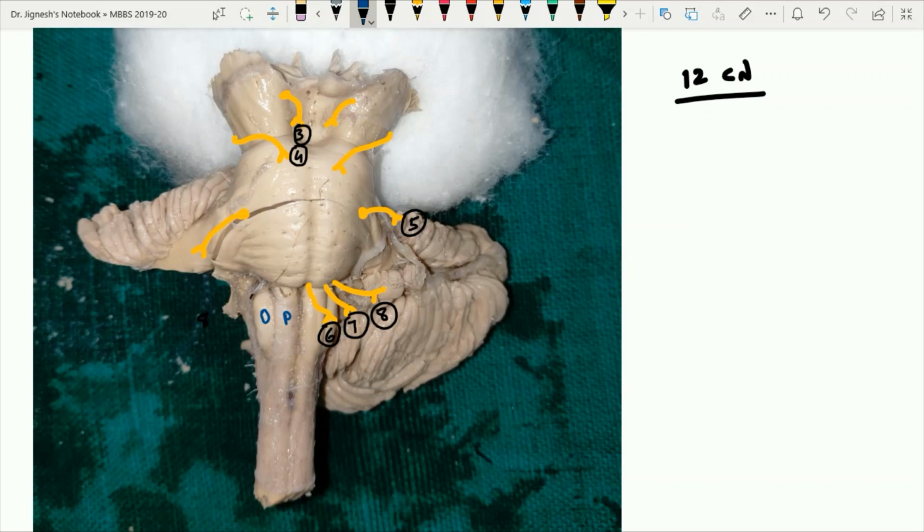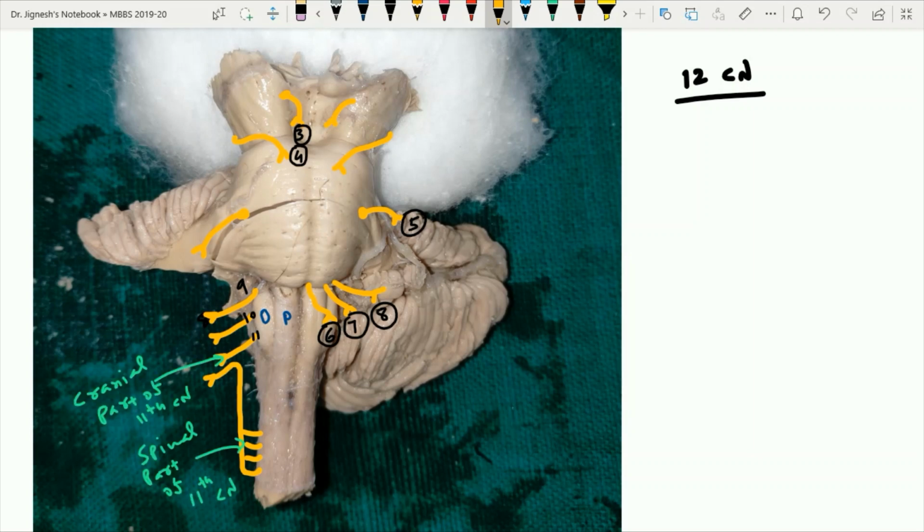So from the post-olivary sulcus, the ninth, 10th, and cranial part of the 11th cranial nerves come out, while the spinal part of the accessory nerve arises from the spinal cord and enters the skull through the foramen magnum to join the cranial part of the accessory nerve to form the accessory nerve proper.